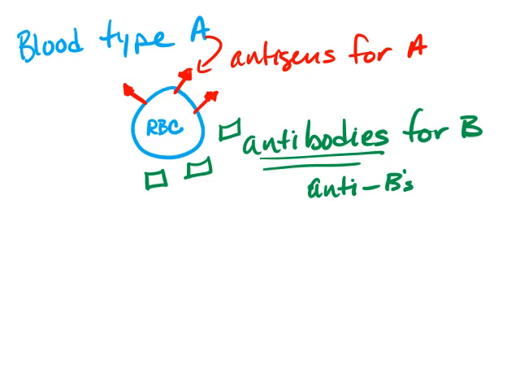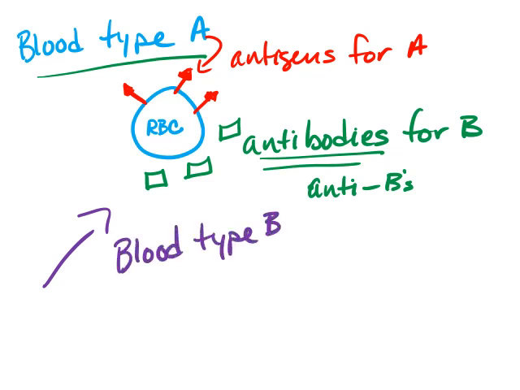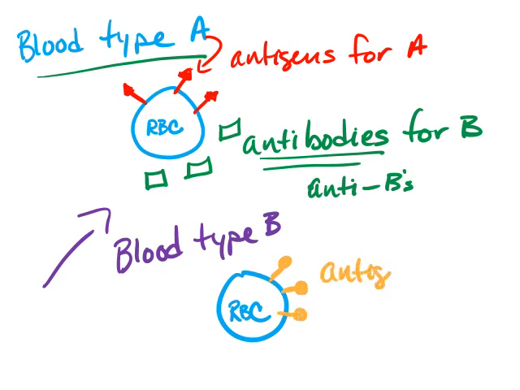So the problem is, if you're blood type A, and I come in and give you blood type B, what's B? Got my red blood cell, and I'm going to have antigens for B, right? So what if we mix these two together?